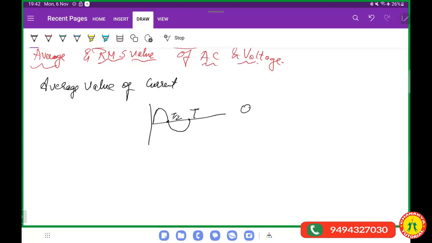Average value of current over one full cycle is 0, because this is positive, this is negative. Each negative half cycle has one on positive I naught and one on negative I naught. So it will be 0.